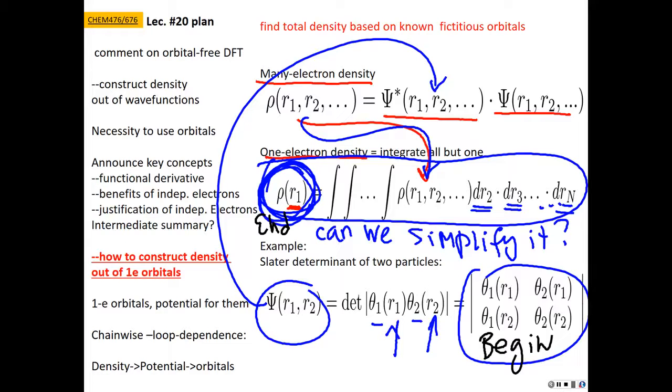Let's write first what depends only on R1: minus theta 1 star R1, theta 2 R1, first term, multiplied by the integral of these two orbitals, theta 2 star R2, theta 1 R2, dr2. Since both functions depend on the same argument, R2, we are allowed to integrate. But since the indices are different, this integral will be equal to 0. So you can, without doubts, cross out the whole term.